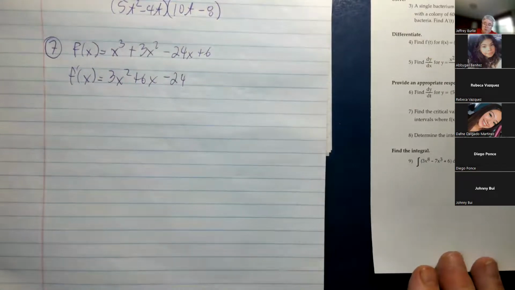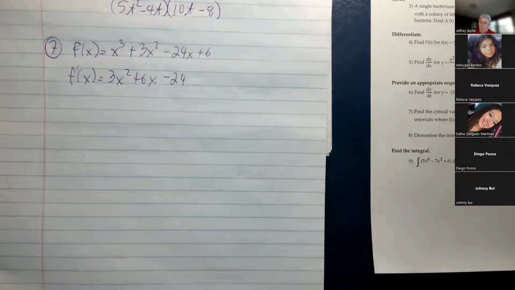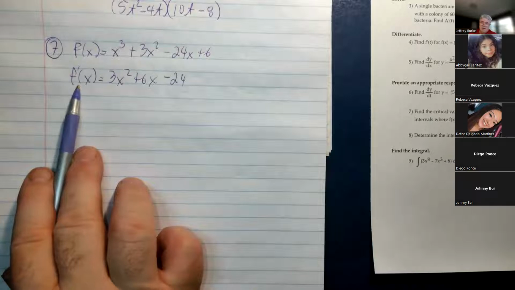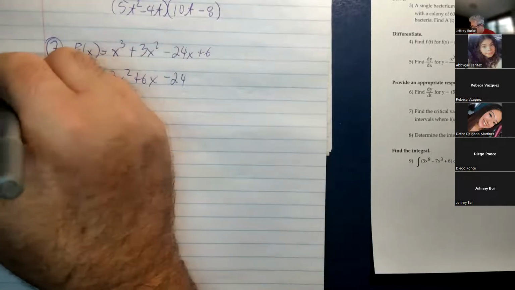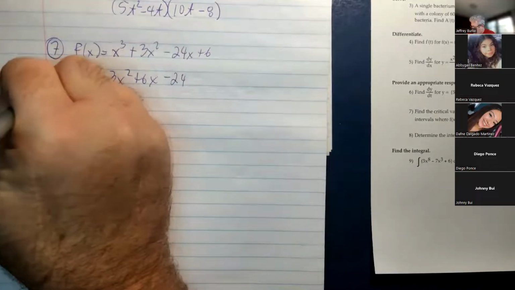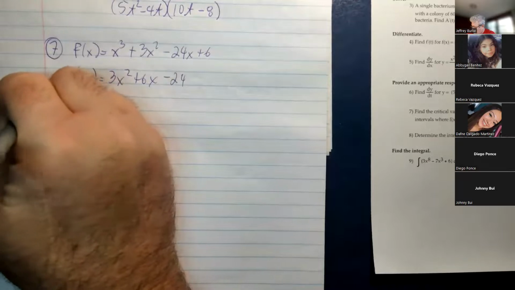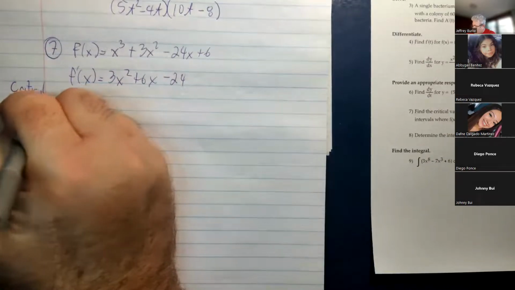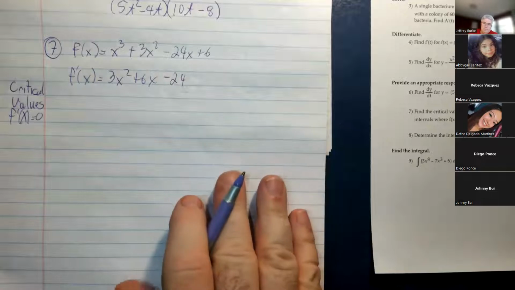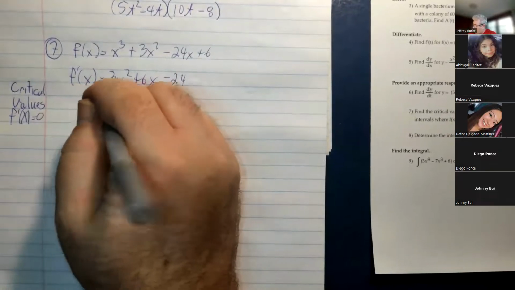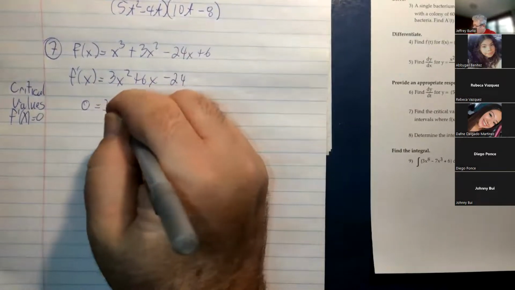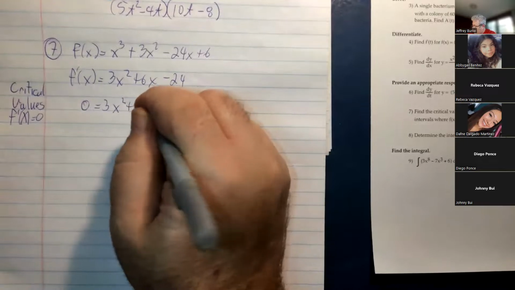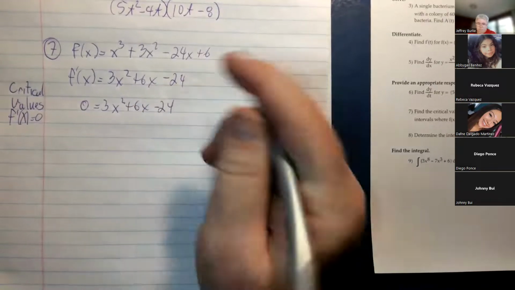Now, if I want to find those critical values, for the critical values I'm going to set f prime of x equal to 0. Okay, so I'm going to get 0 is equal to 3x squared plus 6x minus 24.